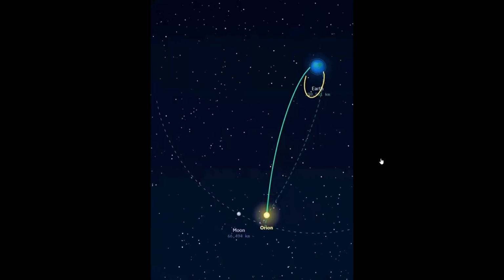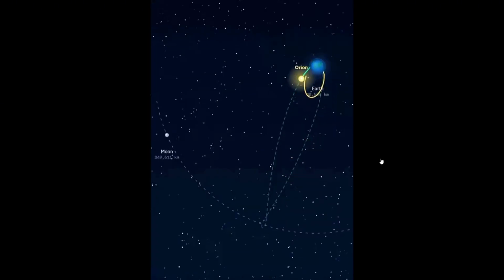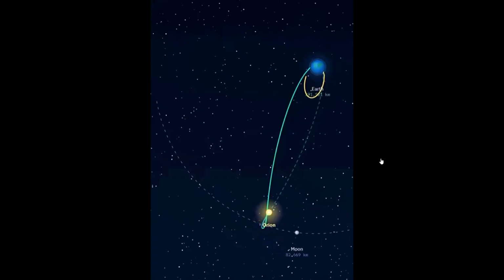In this case, there are three main forces happening here: the force of Earth, the force of the moon, and the force of the sun to some degree, right? And you have to take those into consideration so that you are not trying to fight them all the way to the moon and back. You are trying to save fuel by using their forces.